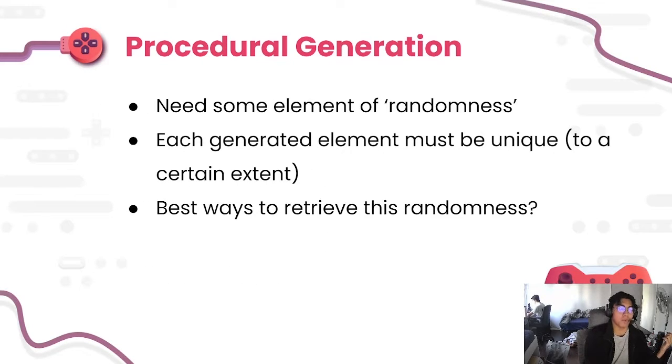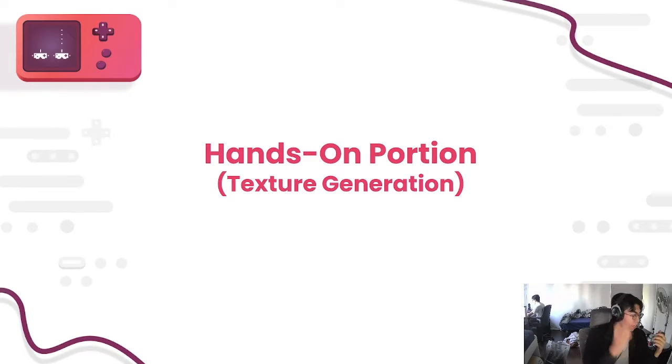Just to back up a bit and talk about procedural generation again, the intention of procedural generation is to use some sort of algorithm to procedurally generate some sort of world or element in a game, such that every time you load it up, it's a bit different, but at the same time, there's some sort of behind the scenes algorithm that controls it. And so now we're going to go on to the hands-on portion, where we can code up and see how to use this in the Unity engine.